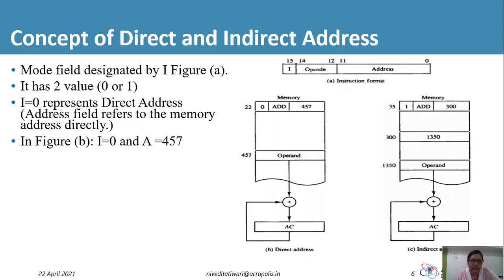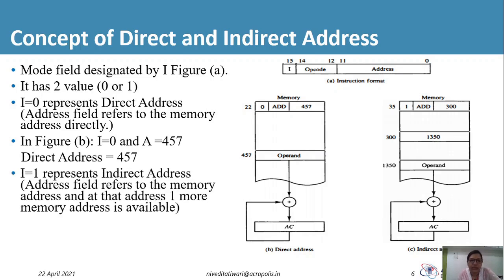And whenever the mode bit field represents the value 1, that means it represents the indirect address. You can see the block diagrams of the direct and indirect address in figure B and figure C.